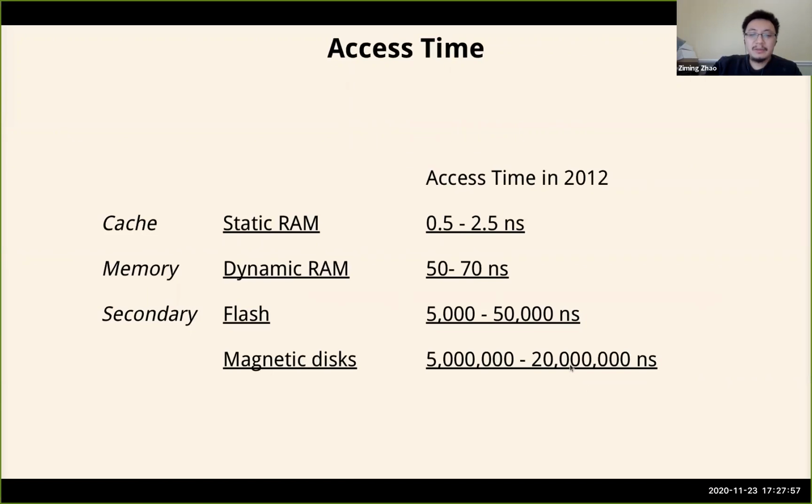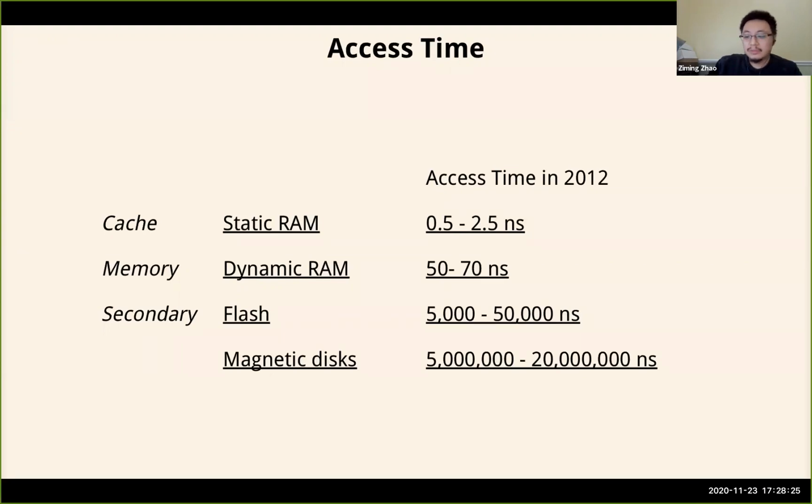So here is a table showing some data of access time from the CPU. If you want to load something from somewhere to a register, how long does it take? If you are just loading something from cache, it will take half a nanosecond to 2.5 nanoseconds.